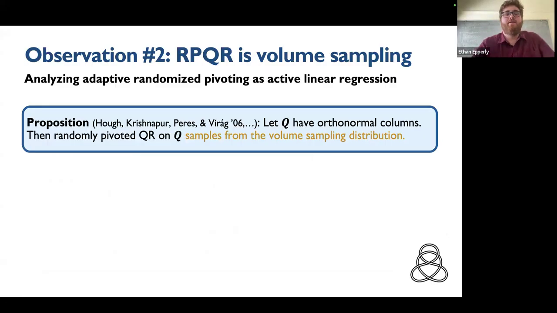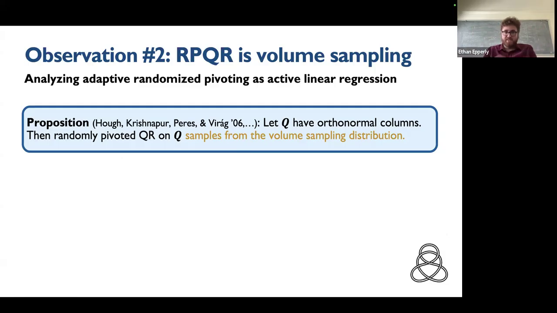The second piece of the story is a connection between randomly pivoted QR, the subroutine in adaptive randomized pivoting, and volume sampling. So here's a theorem. In effect, it's due to these authors in 2006, although it's been rediscovered many times. It states, let Q be a matrix with orthonormal columns, then randomly pivoted QR on Q samples from the volume sampling distribution.